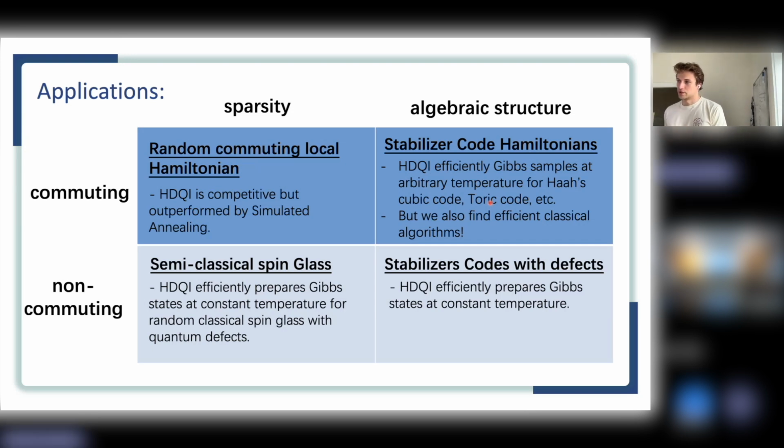These were some new results, but in fact, we also give in our paper a classical algorithm that also achieves all of this. And then there are some non-commuting applications which are more interesting, and I'll talk about them separately in a bit.